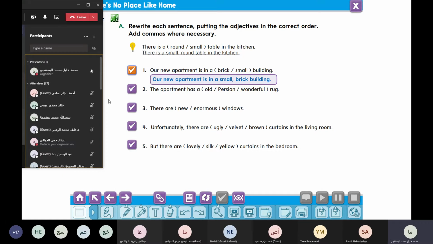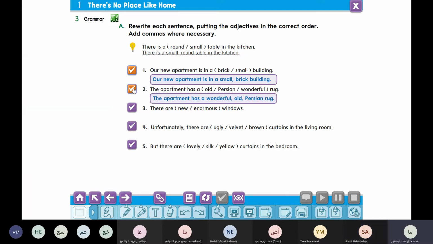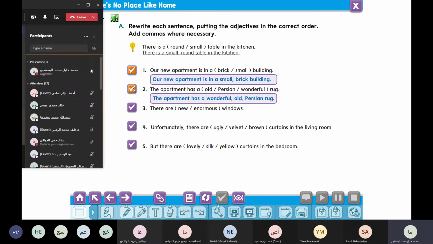What about wonderful? Wonderful is what? It is an opinion. Yes. So the apartment has a wonderful old Persian rug. Good. The apartment has a wonderful old Persian rug. Thank you. Number 3. Who can?